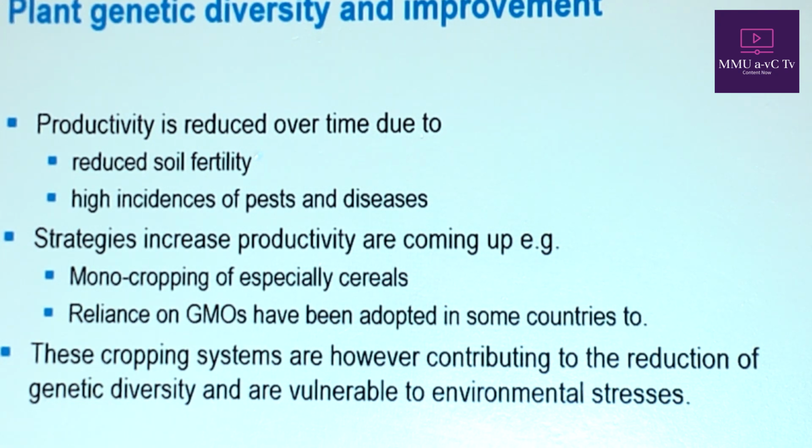because productivity can reduce over time due to soil fertility, high incidences of pests and diseases, and the strategies to increase productivity would be, for example, monocropping and relying on genetically modified organisms.